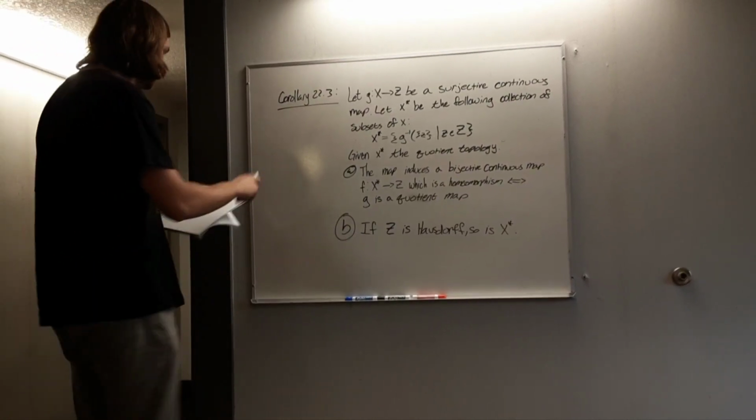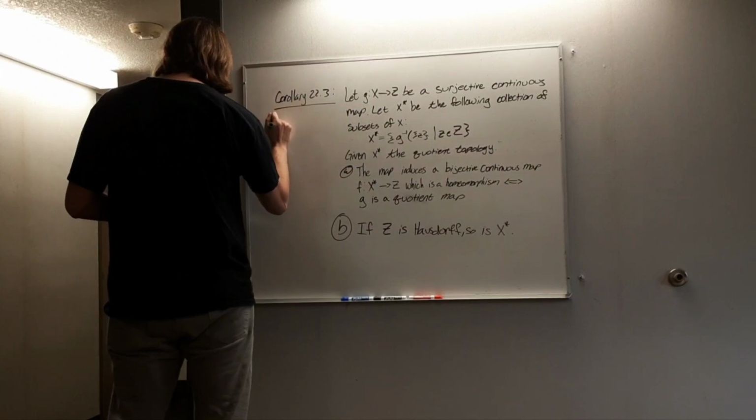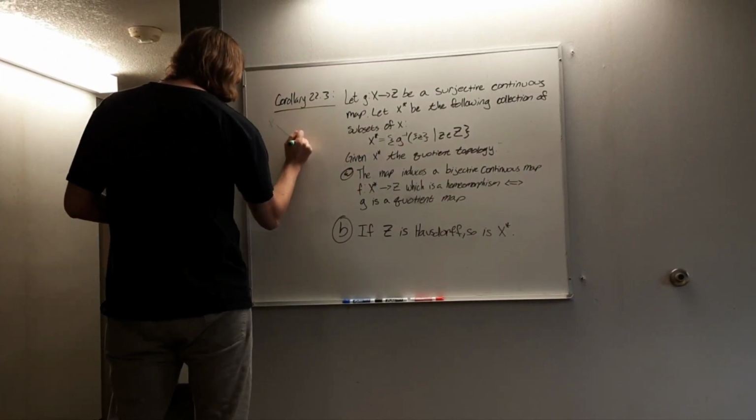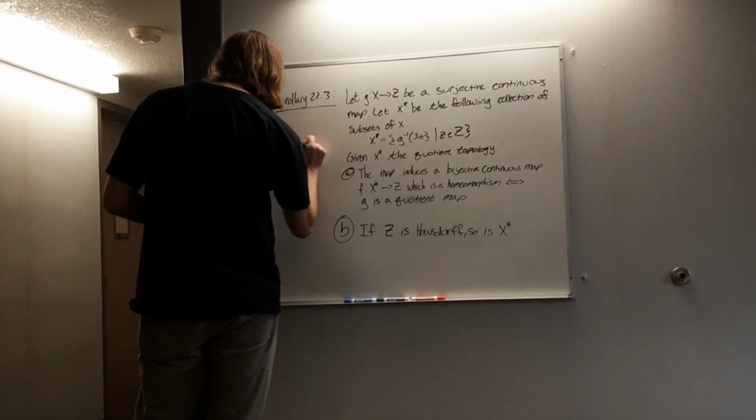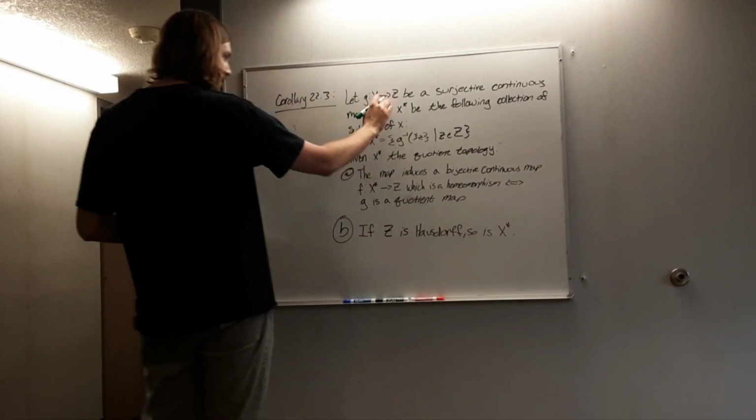To help visualize part A a little bit, I have this little triangle that we draw. Basically we have X goes to Z by the function G up here.